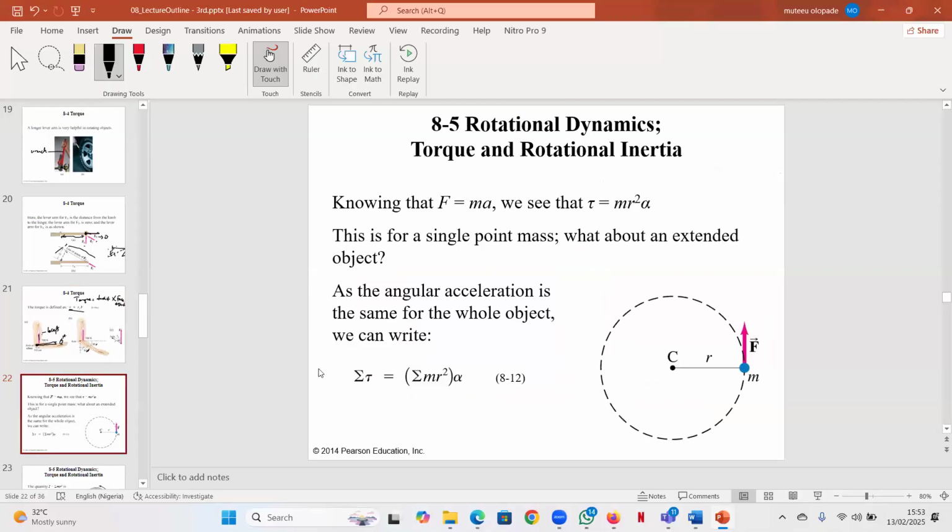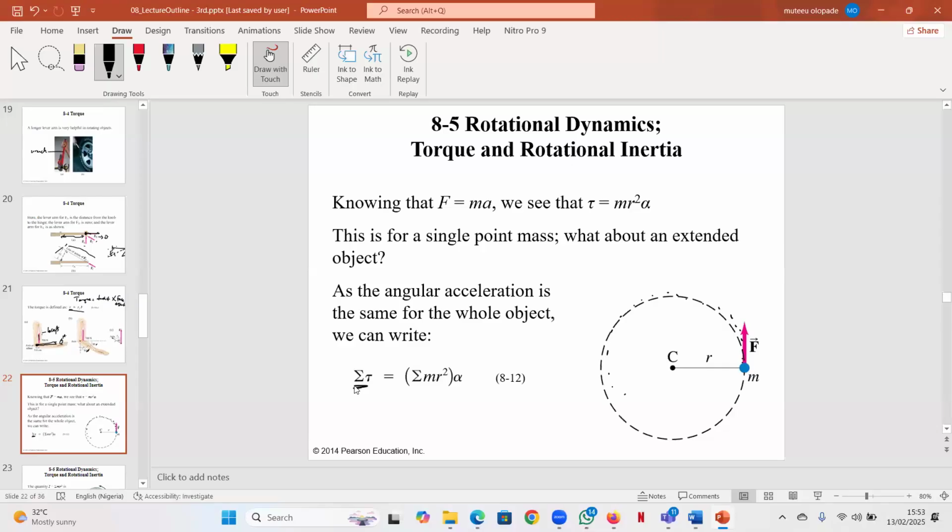Now, torque and a rotational body. In order to calculate the summation of the torque, because this is a circular part, you will definitely have different torque at different points. That's why we are summing them up.